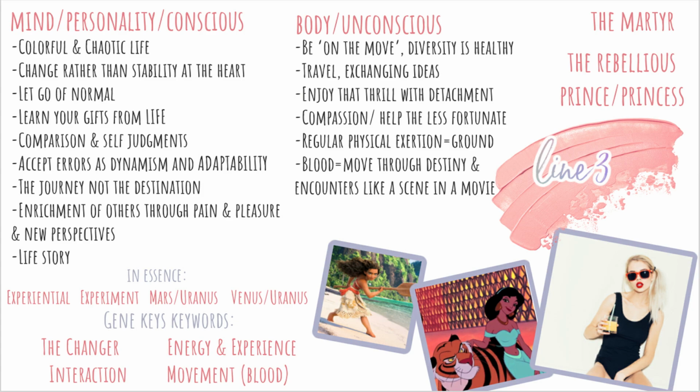Your life is going to be filled with various different encounters, and if you can see these encounters like a chapter of your own book, a scene in the movie of your life, you are going to be the most enriching people out there, and you're here to enrich the rest of our lives. And so I would associate the third line being in the body with gene key 35 and gene key 36. It definitely has that vibe of the channel 35-36 of transitoriness there.